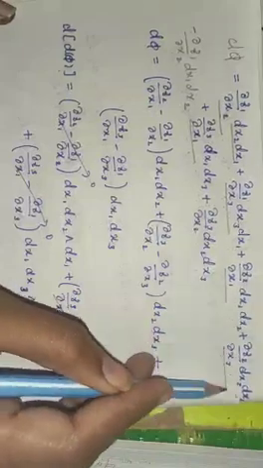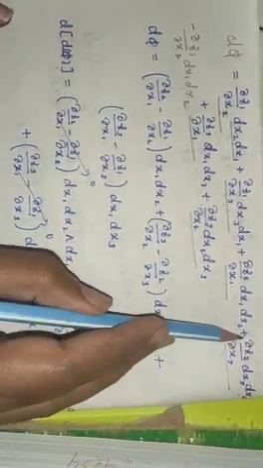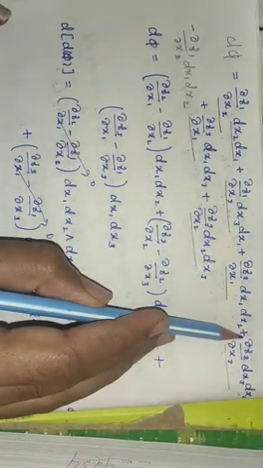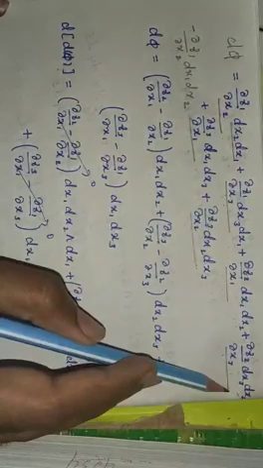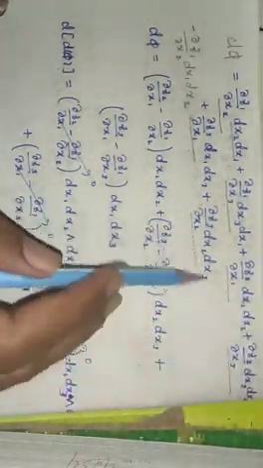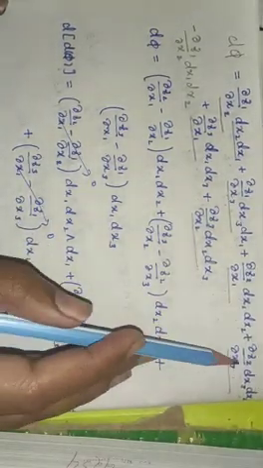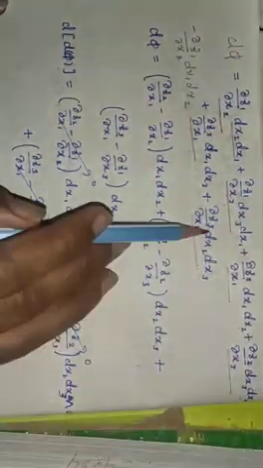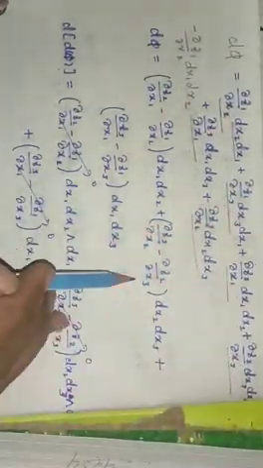Similarly, next we consider these two terms. Using the anti-commutative property, this becomes minus del f2 by del x3 dx2 dx3. Again we observe these two: here dx2 dx3 is common, we take it outside, then the remaining is del f3 by del x2 minus del f2 by del x3.